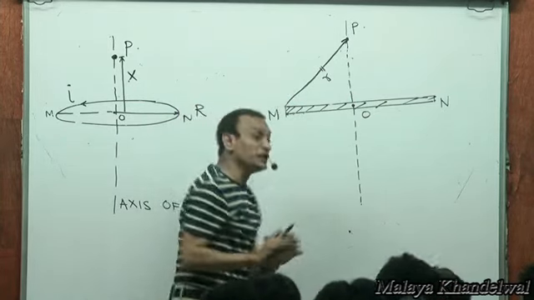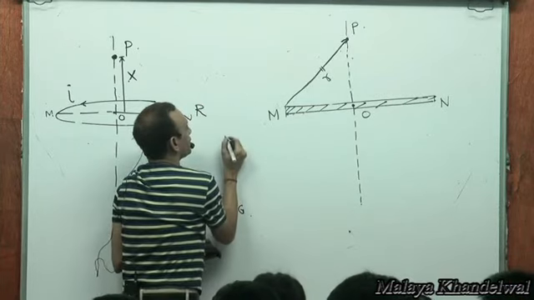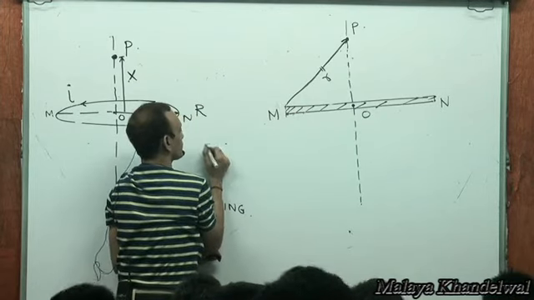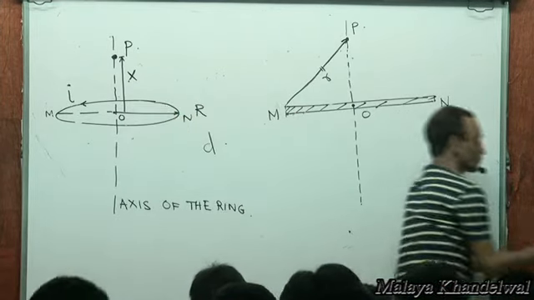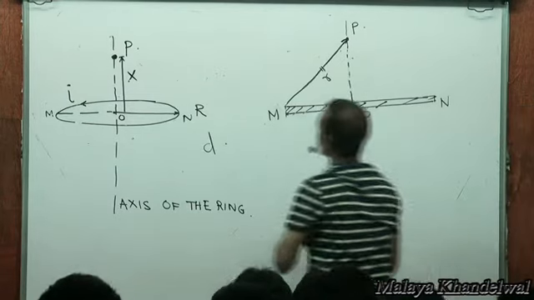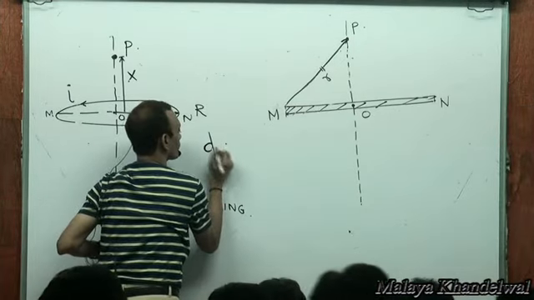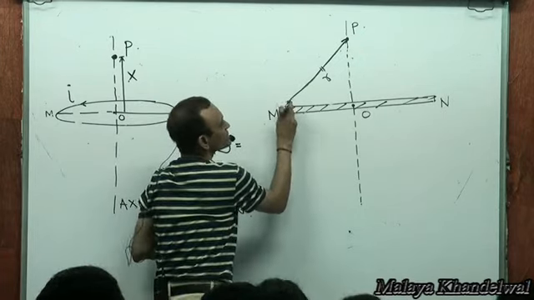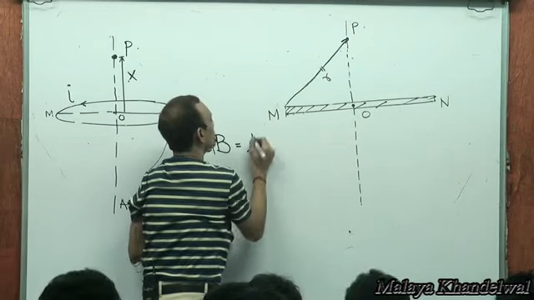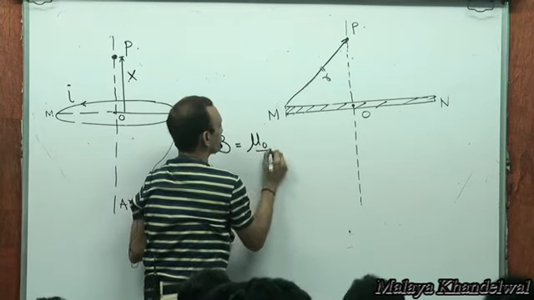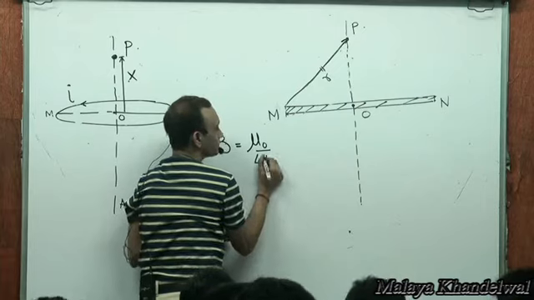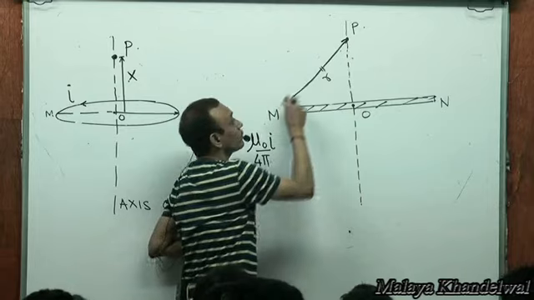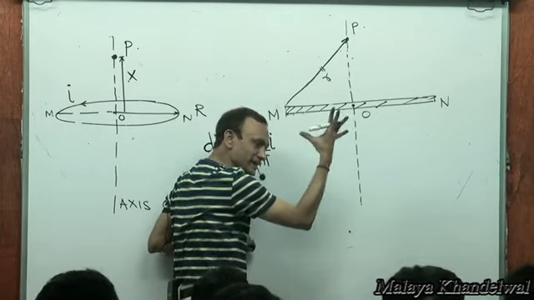So the magnetic field produced at P by this DL jutting towards you at M, the magnitude of the magnetic field produced at P because of this dl jutting towards you is going to be mu naught by 4 pi I, the current, dl cross r. dl into r into sine 90 degrees.